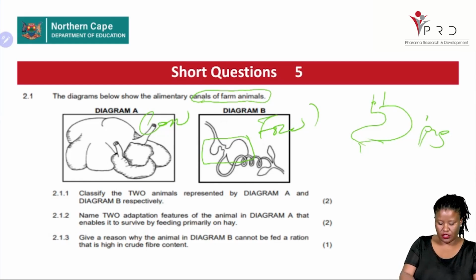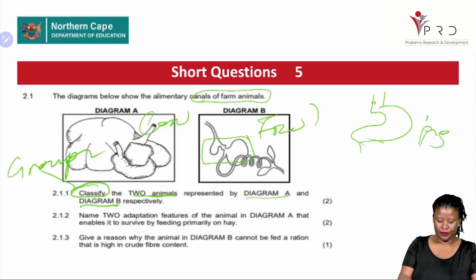Let's look at the questions. Classify the two animals represented by diagram A and B. You are expected to classify these two animals. When you classify, we are looking at the groupings of these animals. Diagram A is in which classification, and diagram B?